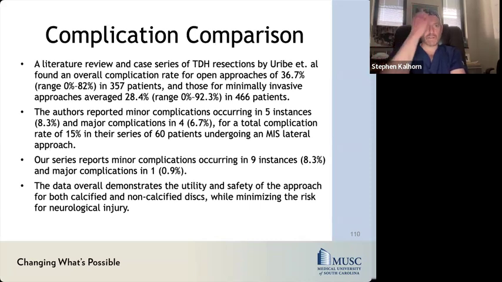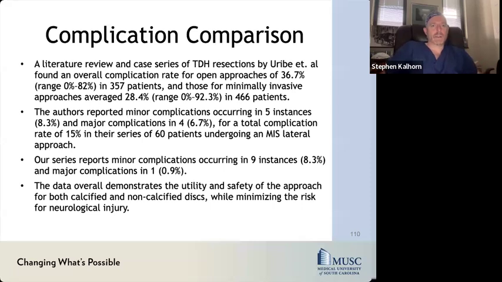If you look at other series, complication rates have been reported from 30 upwards of 82% in 357 patients. The average for the minimally invasive approaches was obviously less than that. So that's 28% in 466 patients. And that was a literature review and case series reviewed by a busy group.